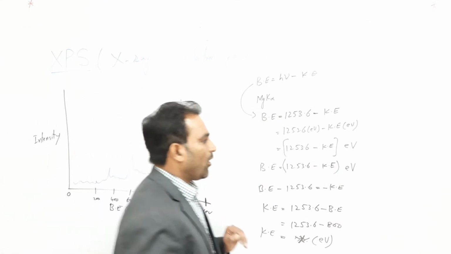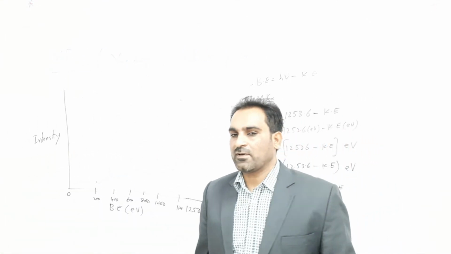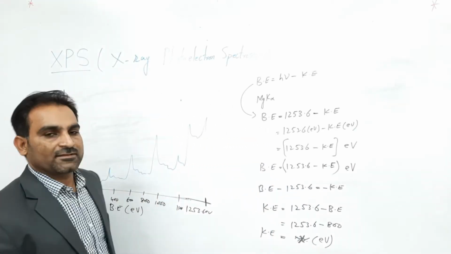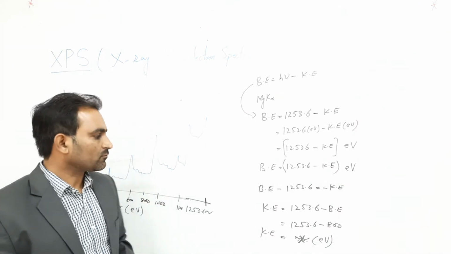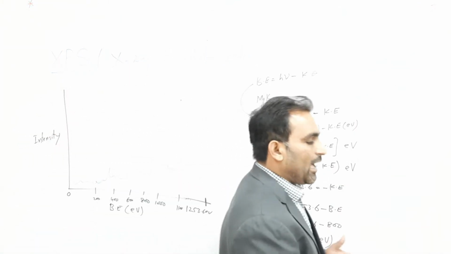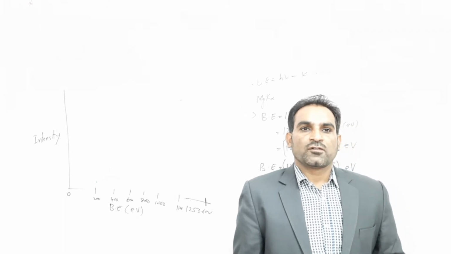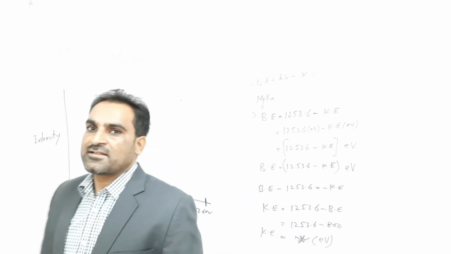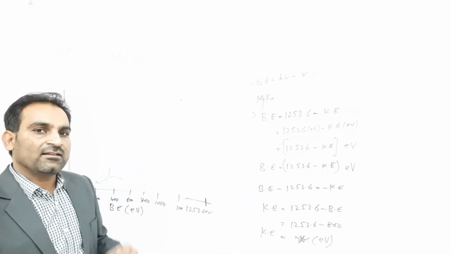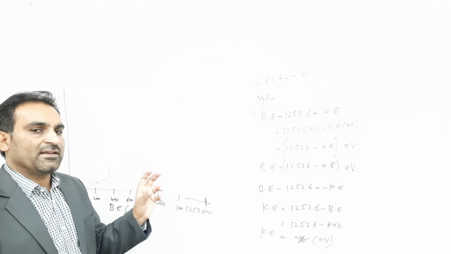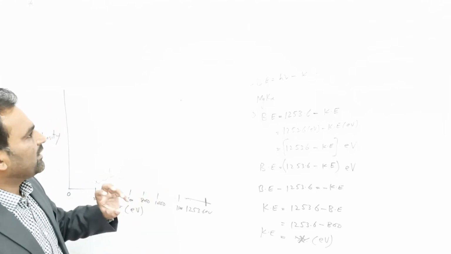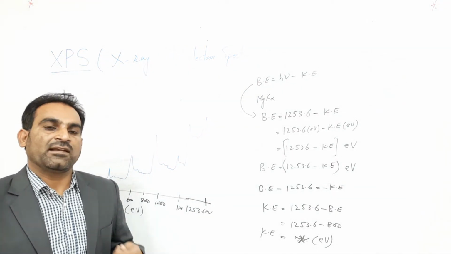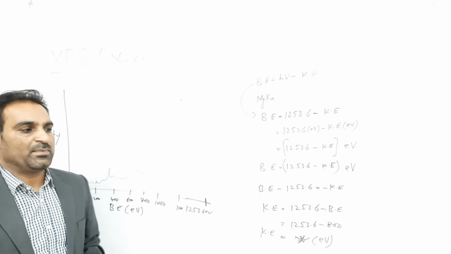Okay. Now we also have a concept of spin orbital coupling. This particular technique can be used to determine the spin orbital coupling, and the signals correspond to spin orbital coupling. Suppose your electron is present in p orbital and you want to find the binding energy of that electron in p orbital.